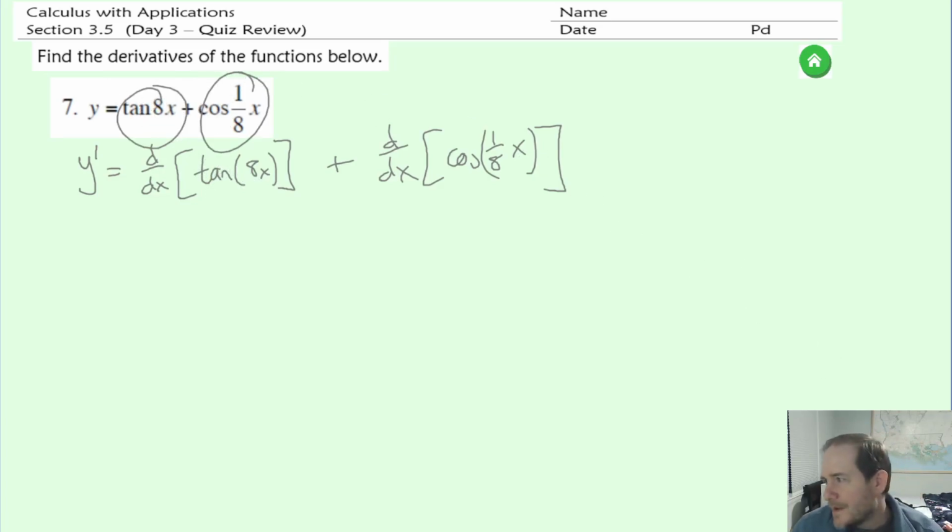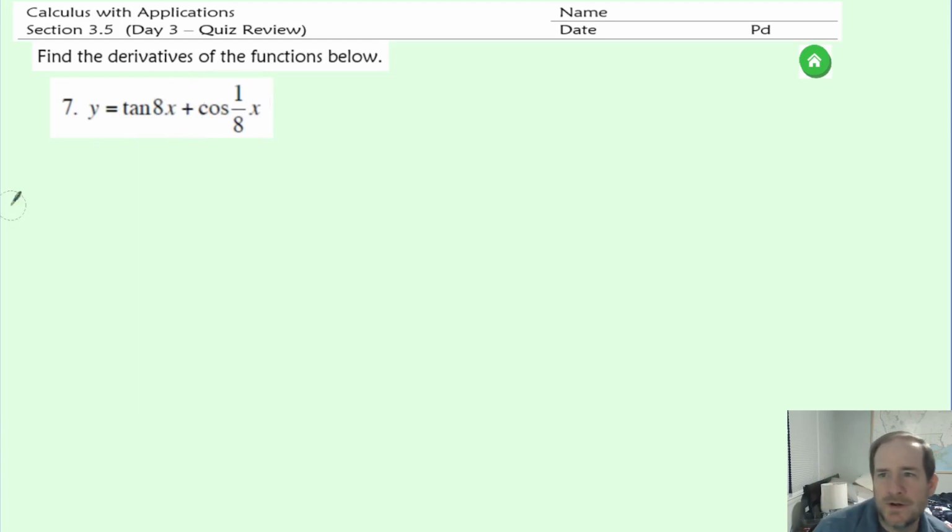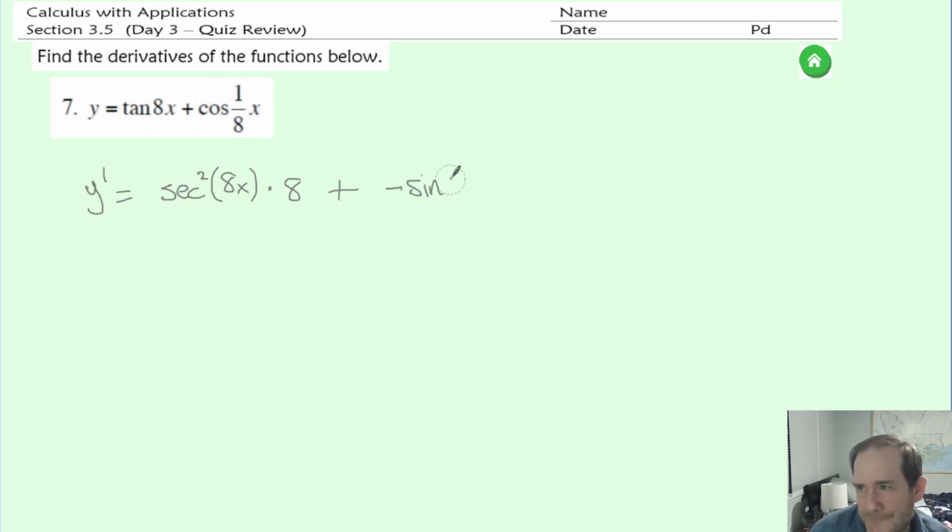No big deal. So, starting all over, that means that y prime should just be the derivative of the tangent of 8x, derivative of tangent being secant squared. But then just remember to chain rule out the derivative of the 8x. So that gives us a factor of 8. Then we add to that the derivative of cosine, which is negative sine of the 1/8 x.